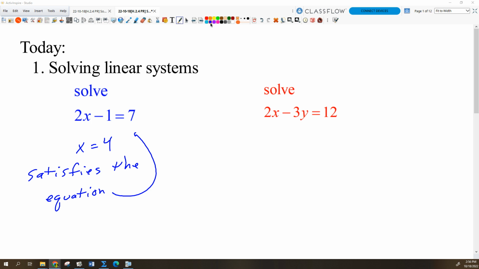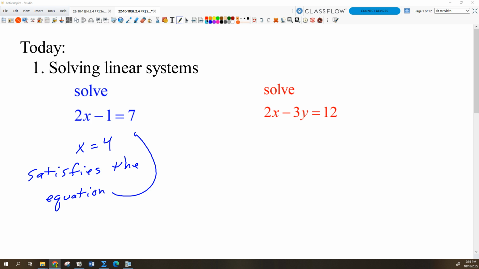Okay, 10 works, but just saying x equals 10 isn't enough. It's not so great. Why don't I pick something different? So what if I pick x equals 3?